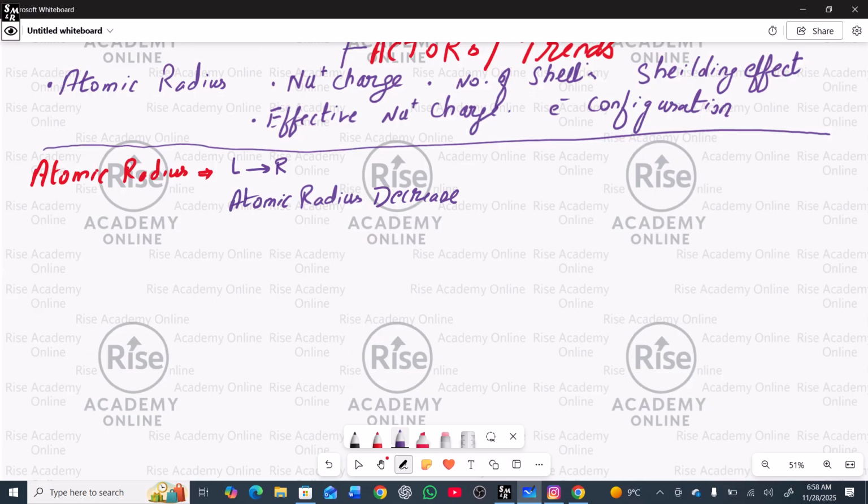With the decrease of atomic radii, the hold of the nucleus on the remaining electron becomes stronger and the removal of electron becomes gradually difficult.